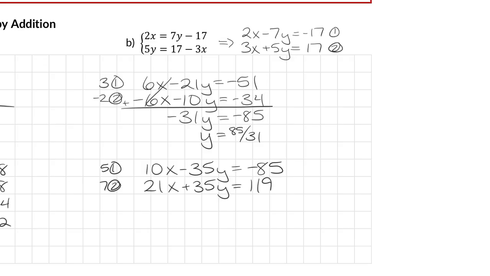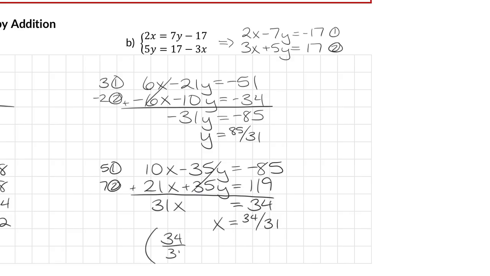Again, I'm distributing the 7 to every single term in that equation. When we cancel out the terms this time, the y's disappear and I'm left with 31x equal to 34. Divide by 31 on both sides, we get 34 over 31. So my coordinate point here that solves this system is 34 over 31, comma, 85 over 31.